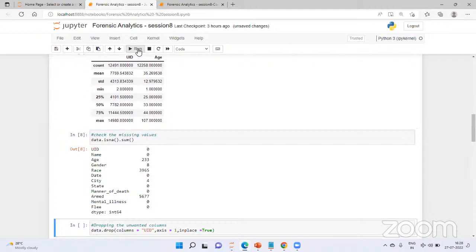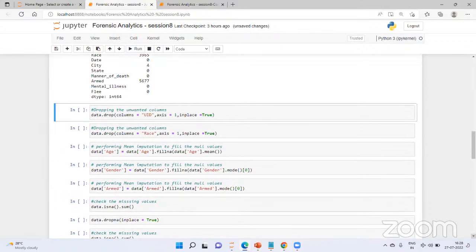I will run it here. If you observe clearly, you can see NA values are present in the columns age and also race, also armed. So NA values are present.